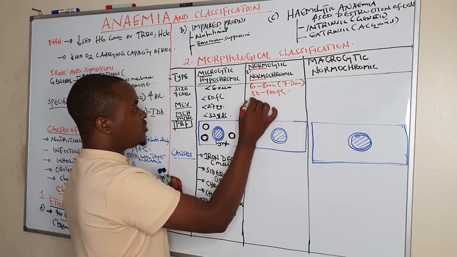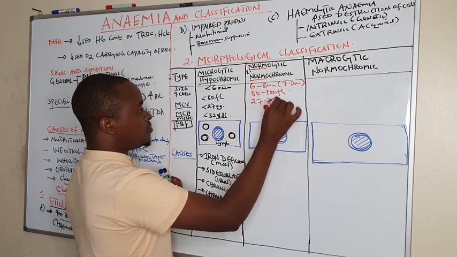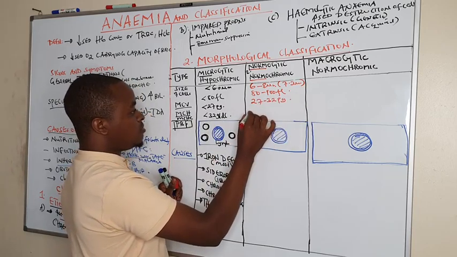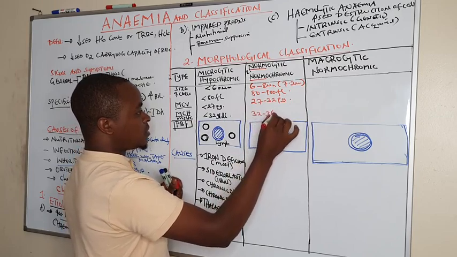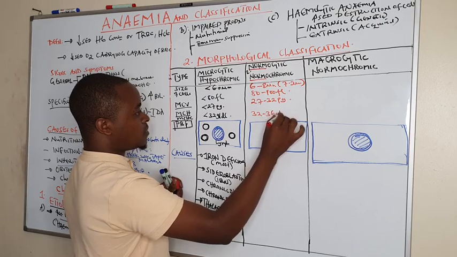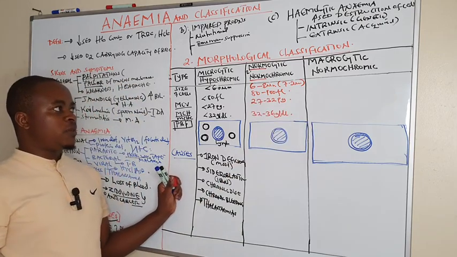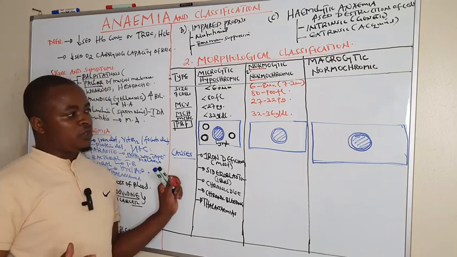Then the MCH is between 27 to 32 picograms. Then the MCHC will be between 32 to 36 grams per deciliter. This is the appearance, meaning the cells are normal in size and the HB content is normal.